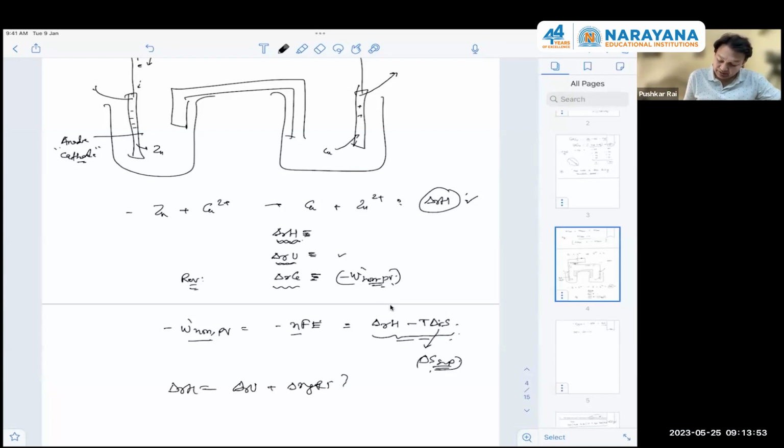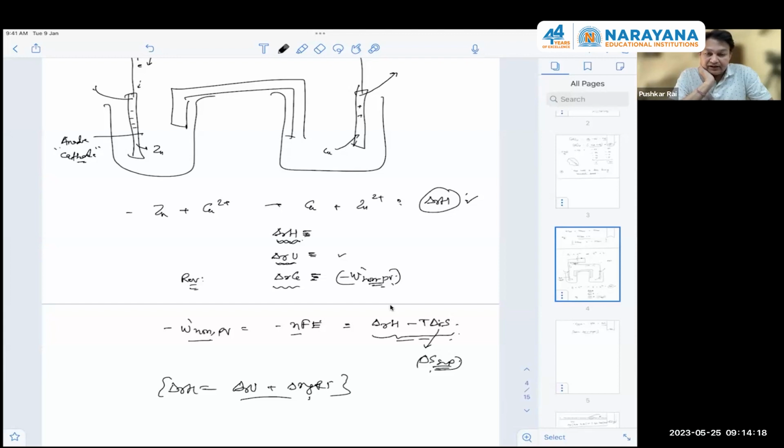You will apply this formula, or some other formula if it is not applicable. But when I ask what is delta S system, you will calculate delta G and delta H, do it minus delta H, and you will get the delta S value of the system change.